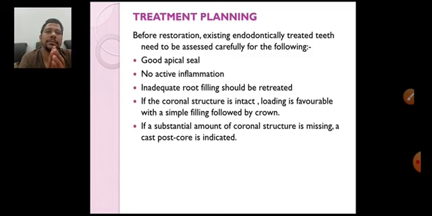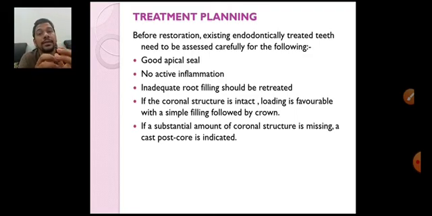Then in some cases the coronal structure may be intact. In such cases we can do the root canal treatment followed by a permanent restoration and a crown. That is the normal scenario if the coronal structure is almost intact.